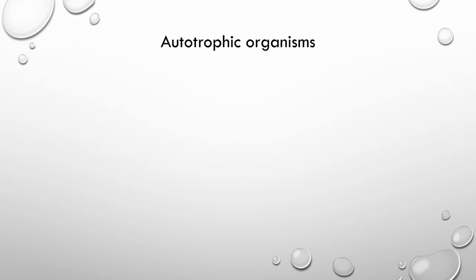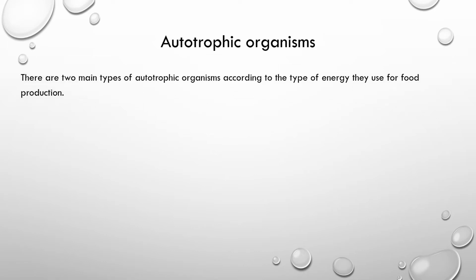When you consider autotrophic organisms, you know that they can produce their own food by themselves. Autotrophic organisms are usually of two main types based on the type of energy they use for producing food.